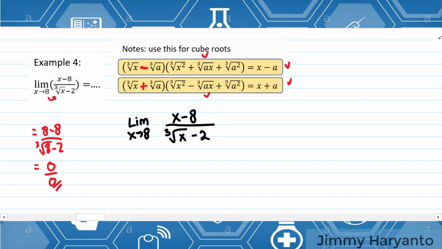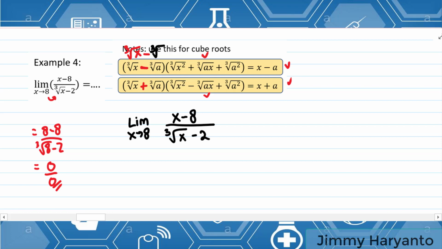Okay, so how to do that? First, you have to make the cube root of x minus 2 similar to this form. This form has cube root of a. So when you write 2, you have to change this 2 into a cube root. Cube root of what equals 2?